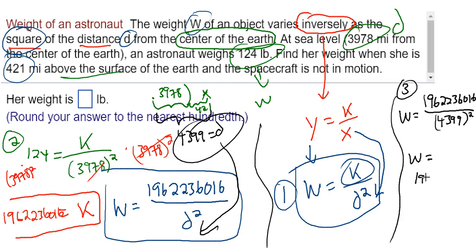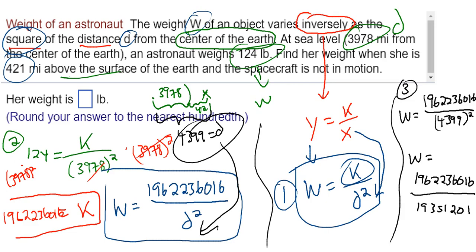Okay, so we're going to have 196,223,6016 divided by this big number here, which is 19,351,201. All right, and so now I'm going to divide these numbers. Hopefully I'll type them in correctly here.